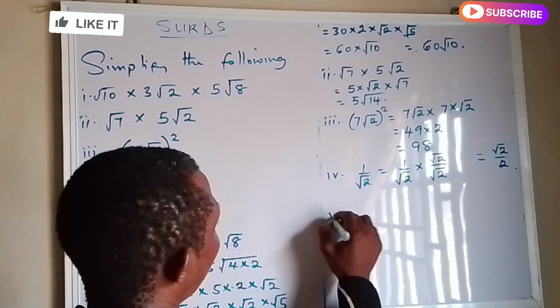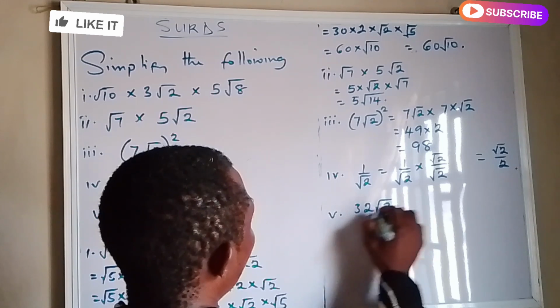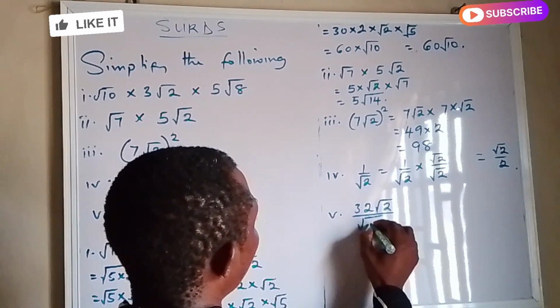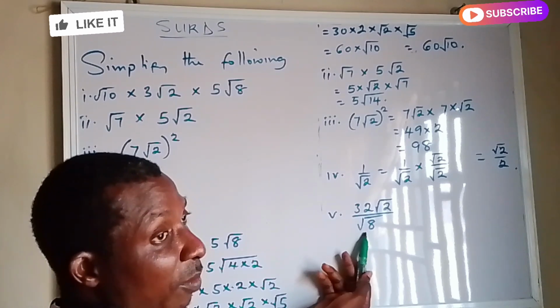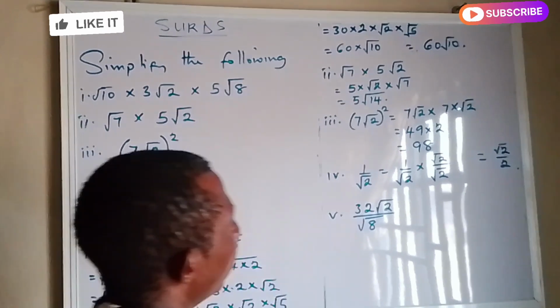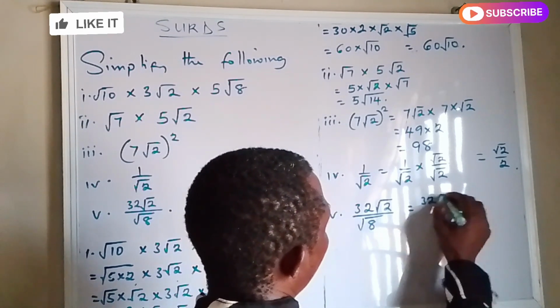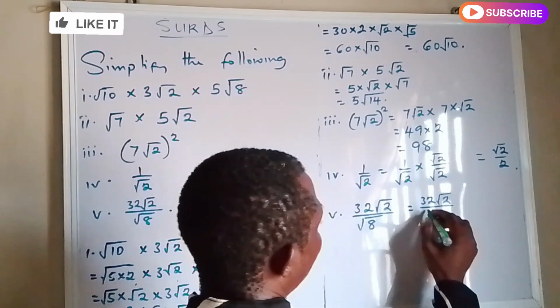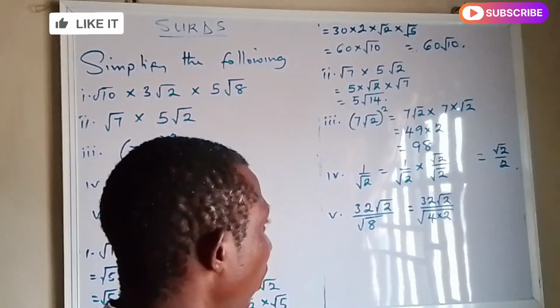Now let's look at the last one. 32 square root of 2 over square root of 8. Now looking at this, this is not in its basic form, so I have to express it in its basic form. So that gives me 32 square root of 2 all over square root of 4 times 2.